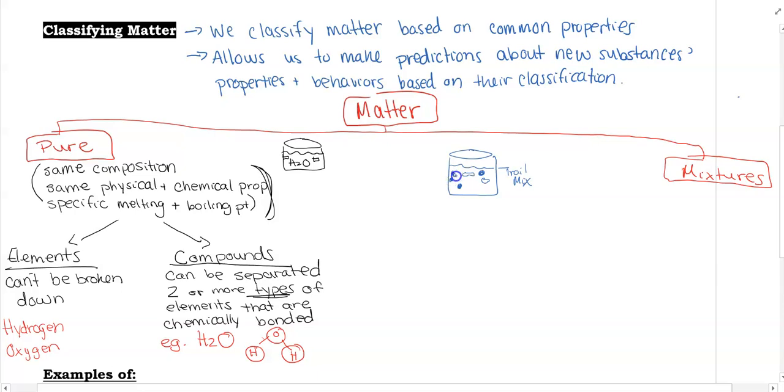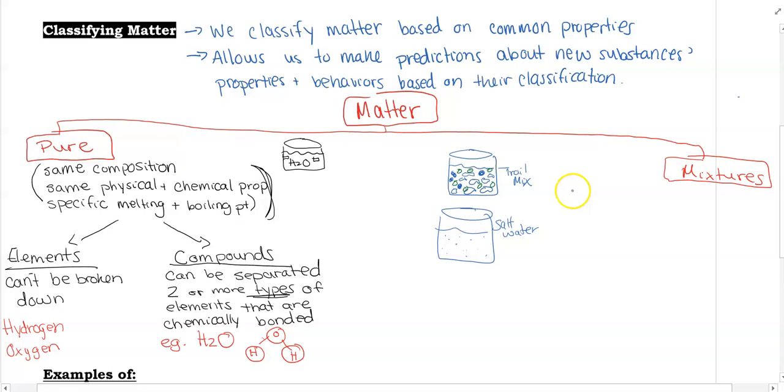This one spot's got a lot of M&Ms. Okay, and then maybe I've also got some raisins, things like that. Okay, so that's an example of a mixture. Another example of a mixture is salt water.